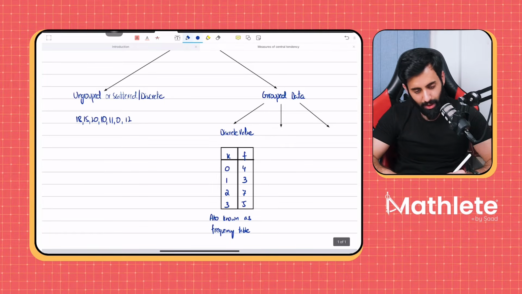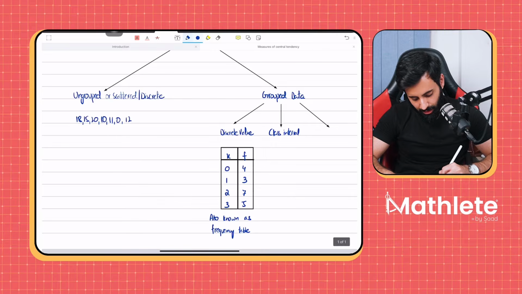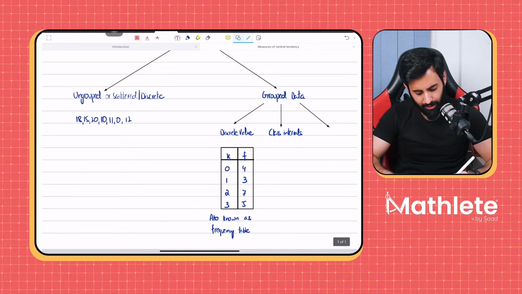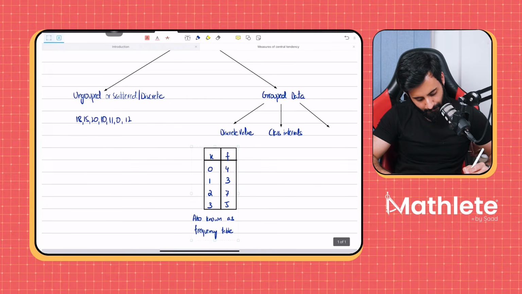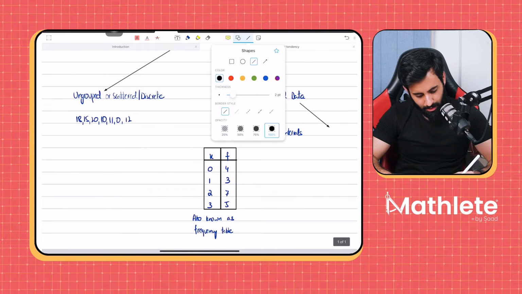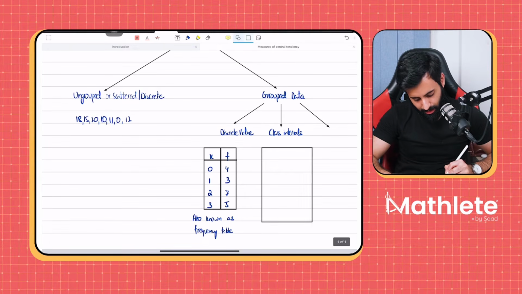And then you have data with class intervals. What does that look like? This is what data with class intervals can look like.